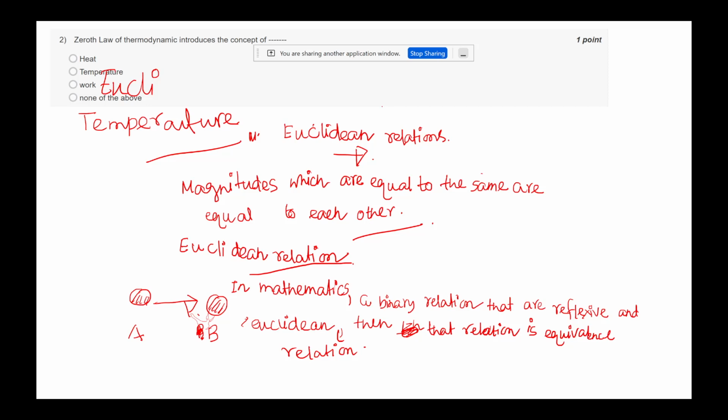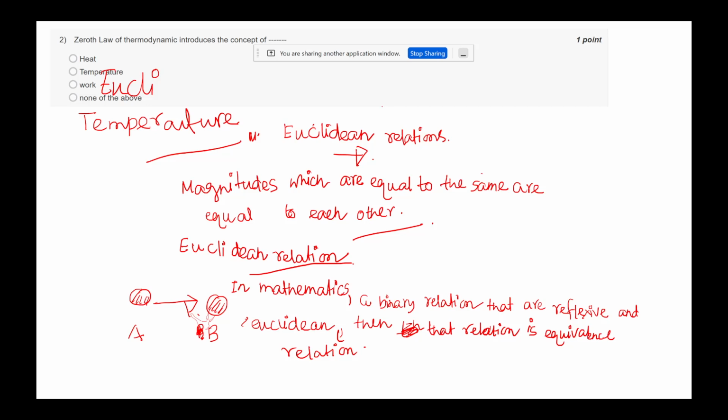We define that variable as temperature. One important point for the zeroth law of thermodynamics is that it talks about temperature without mentioning entropy even once. Here the concept of temperature is purely macroscopic.